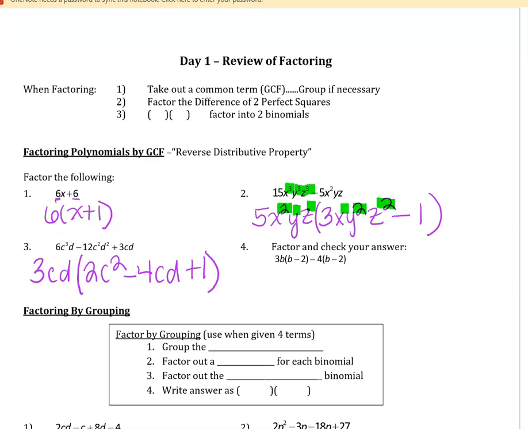What times 3CD would give me negative 12 C squared D squared back, and that would be negative 4CD, and so on.